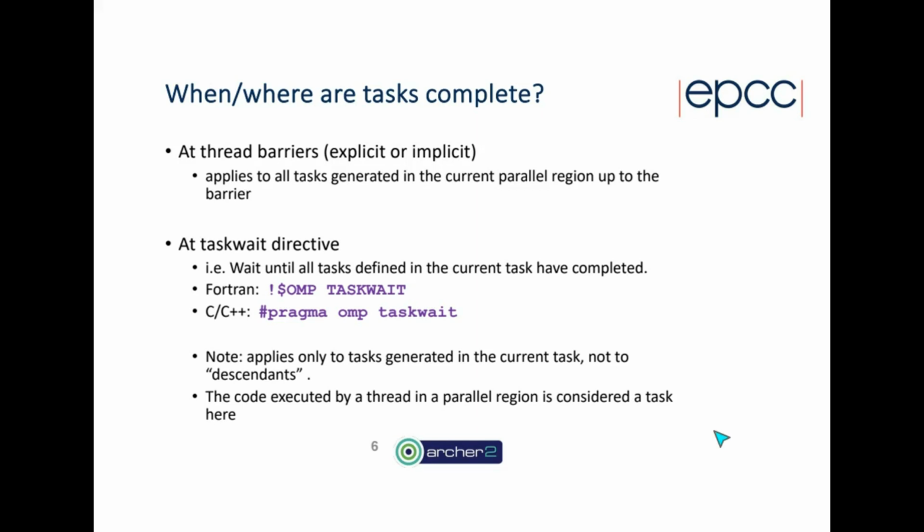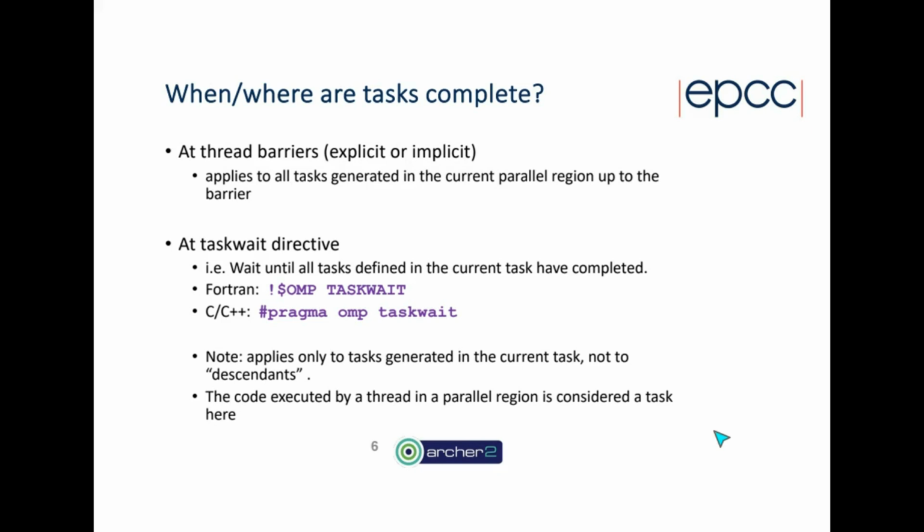That can be either explicit barriers or implicit barriers, for example at the end of work sharing loops or the barrier at the end of the parallel region. Wherever we encounter a barrier, the barrier will not complete until all the tasks generated in the current parallel region up to that point have actually been executed.